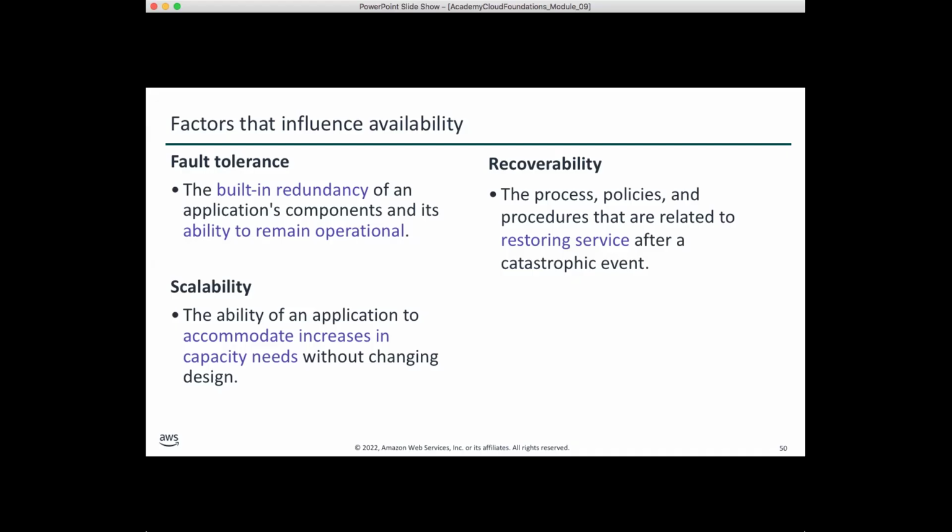Fault tolerance refers to the built-in redundancy of an application or its components, and the ability of the application to remain operational even if some of its components fail, right? Fault tolerance relies on specialized hardware to detect failure in system components such as processor, memory, power supply, input/output systems, or even storage.